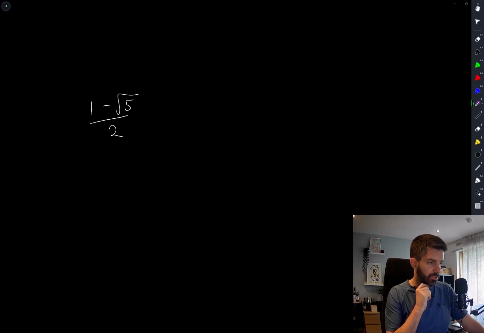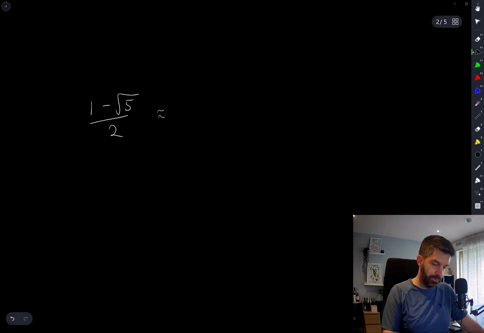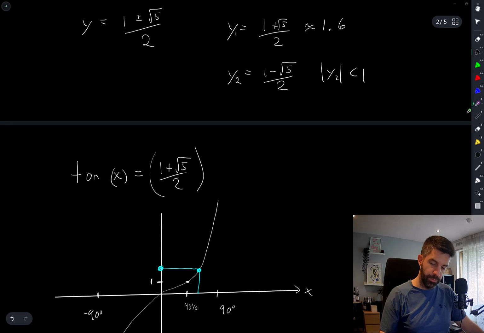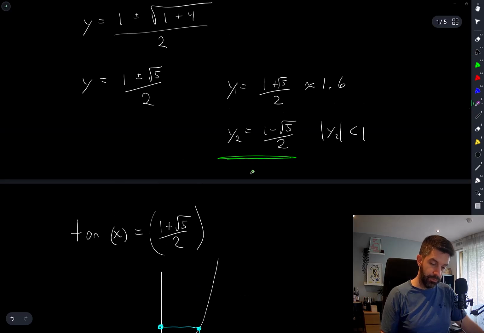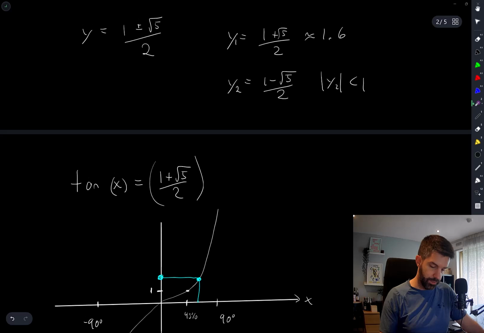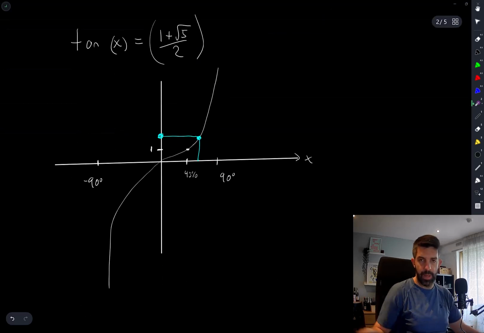Root 5 is a little bit more than 2, so this is approximately 1 minus 2 point something, which has absolute value less than 2. When we divide by 2, it has absolute value less than 1. So that root doesn't count, because for this value of y the series doesn't converge. I'm happy with this.